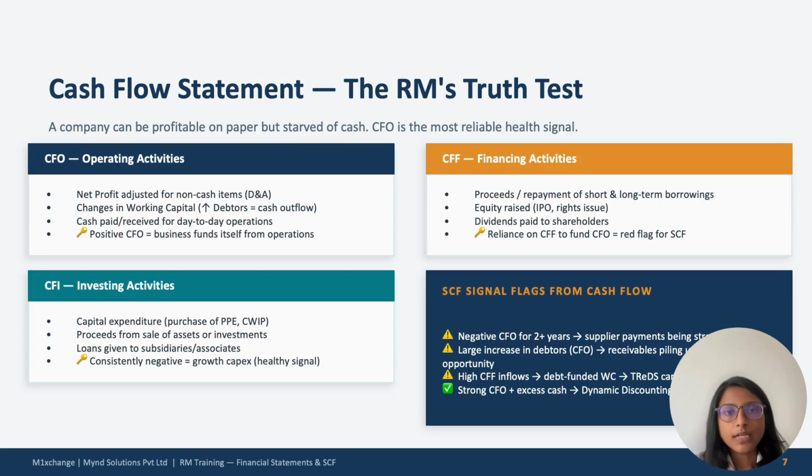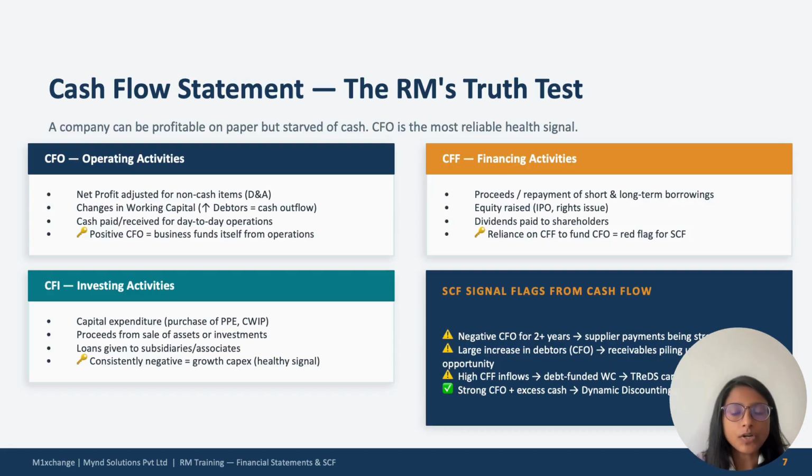Signal 2, large increase in debtors in the CFO, which means your receivables are piling up, right? So it will be a receivable financing opportunity, but again you need to be very careful. If it is huge, then it might not be able to service its debt, because actually it is not receiving any cash.